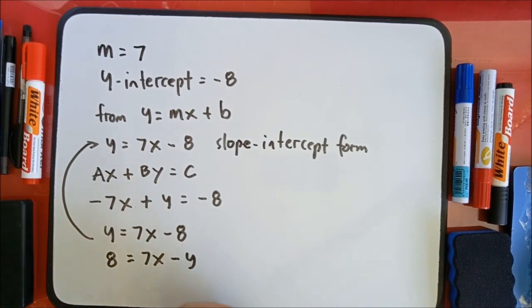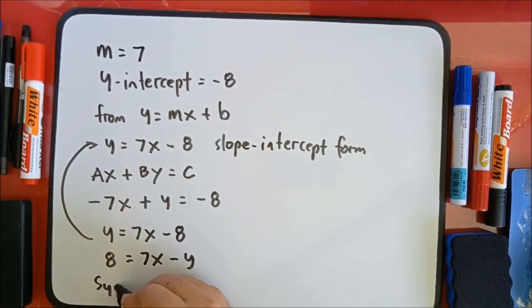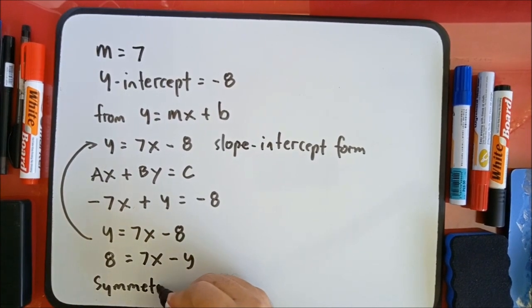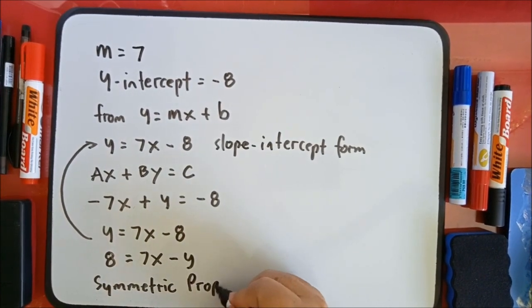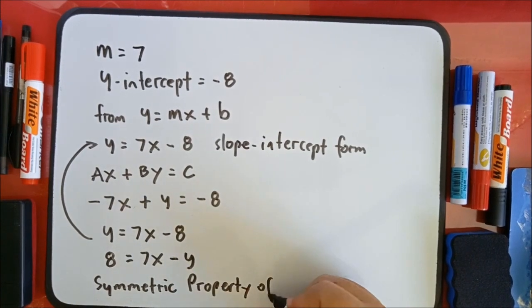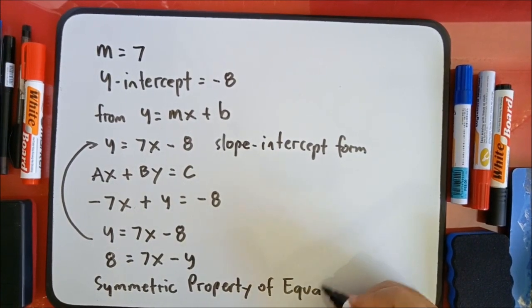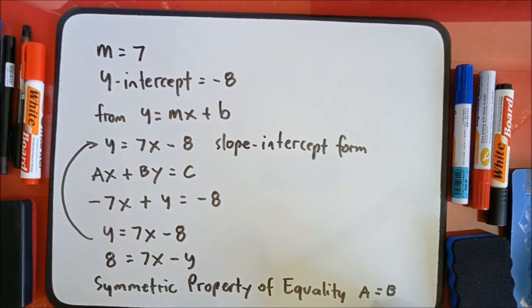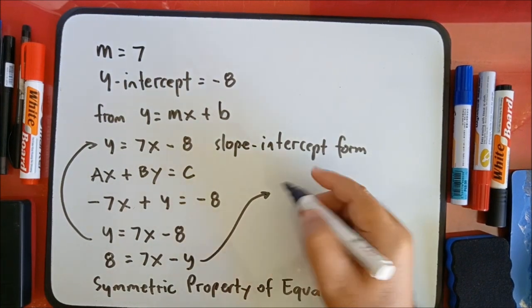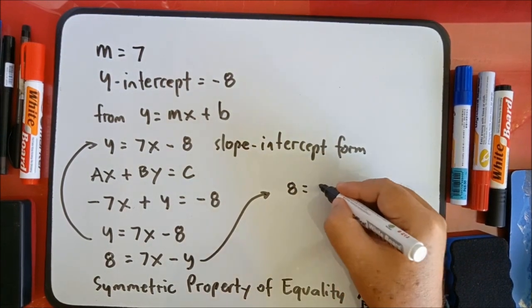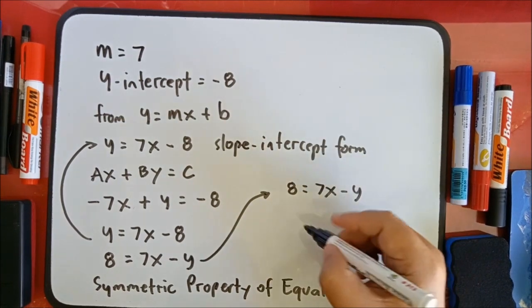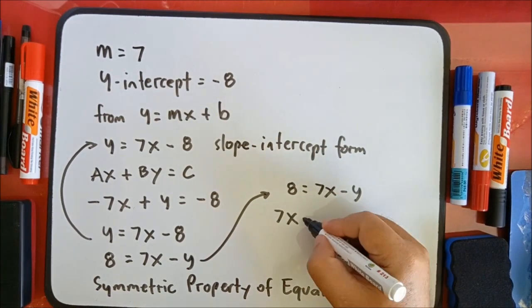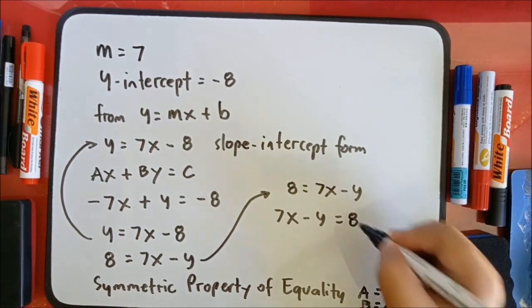Now, symmetric property of equality. What does that mean? If A is equal to B, then B is equal to A. So, 8 is equal to 7x minus y is also the same as 7x minus y is equal to 8.